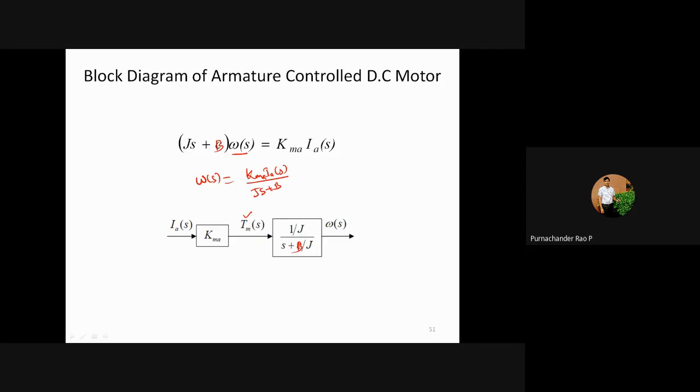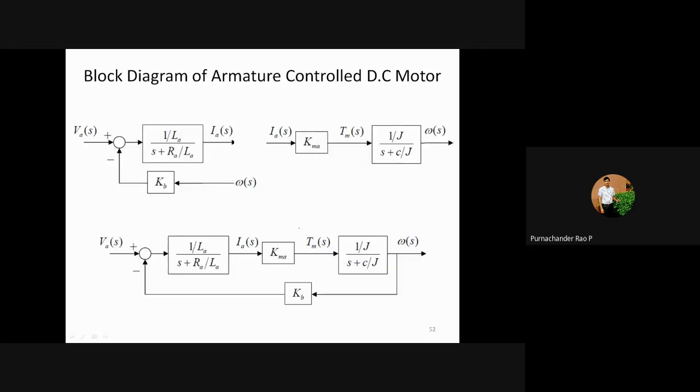If this is divided by Js plus B, and I take J common outside, this is going to be B by J. Then your output will be omega of S.